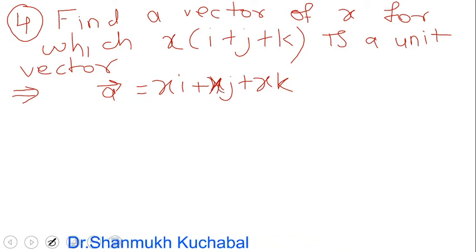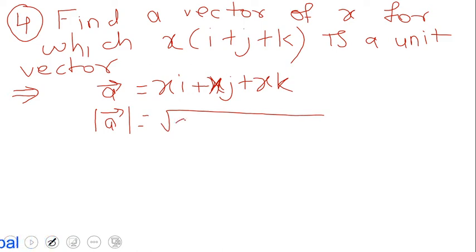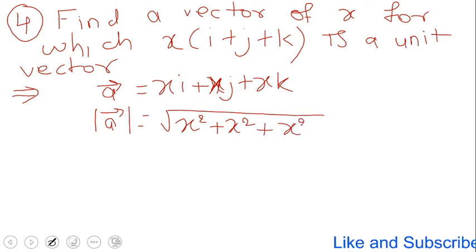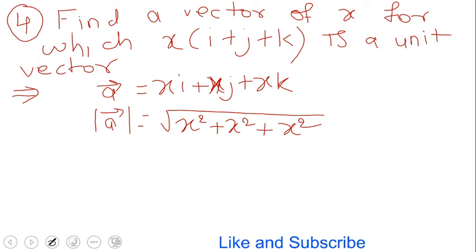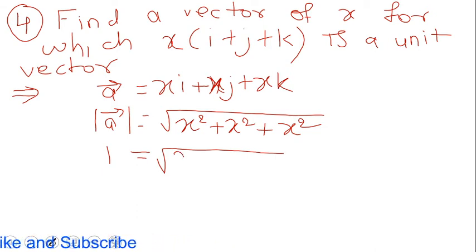Then we have to find the magnitude. Magnitude of vector A is the square root of x squared plus x squared plus x squared. Since it is a unit vector, the magnitude is 1, equal to the square root of 3x squared.